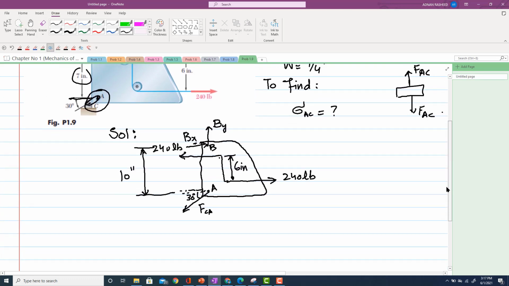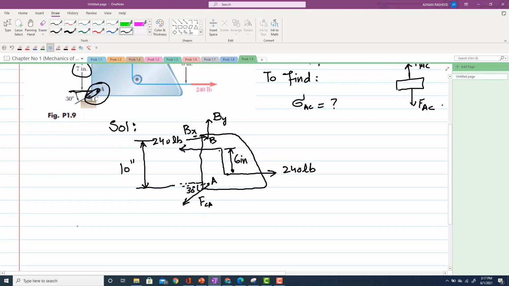So this was the free body diagram. Let's start with solving this problem. Now you can see that these two forces, this 240 pound force and this 240 pound force, are parallel forces, but they are non-coincident, and there is a distance of 6 inch between them.